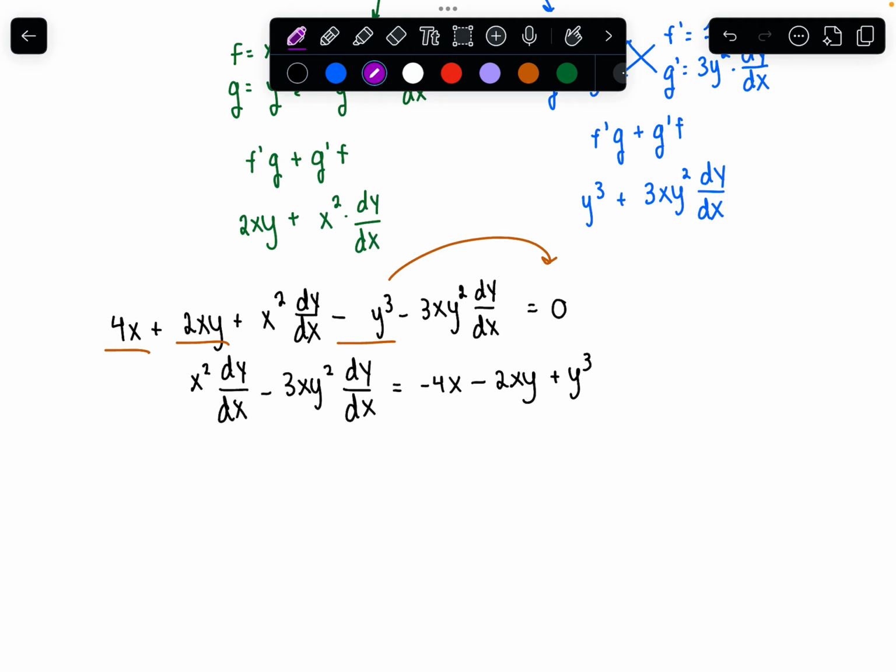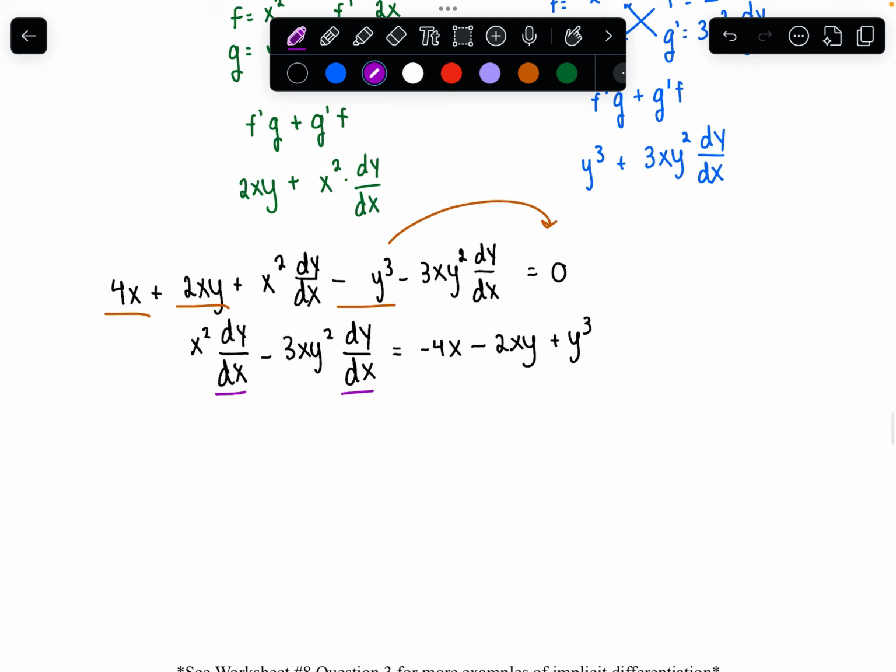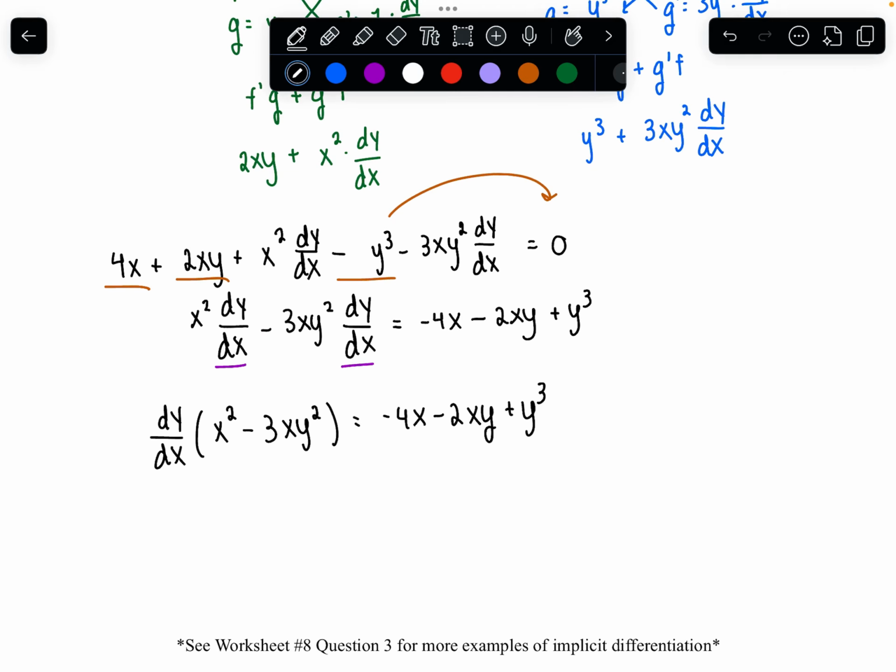All right. Now, both of these have a dy dx, so what can I do? I can factor it out. I can do dy dx, parentheses, x squared minus 3x y squared equals all of this on this side. Why did we do that? Well, now dy dx is being multiplied by something.